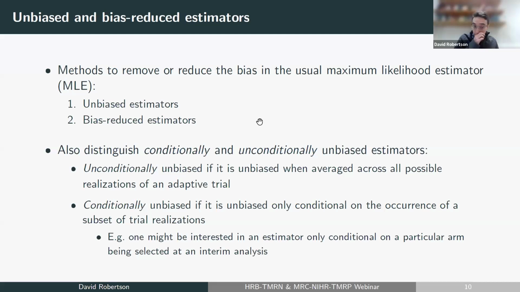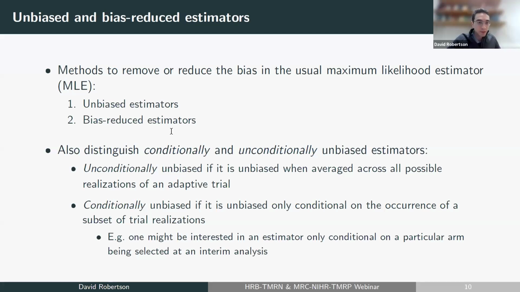So I think that leads nicely to thinking about methods or estimators to reduce bias in the usual standard maximum likelihood estimator, MLE. Firstly, you have a class of unbiased estimators, which completely remove the bias.